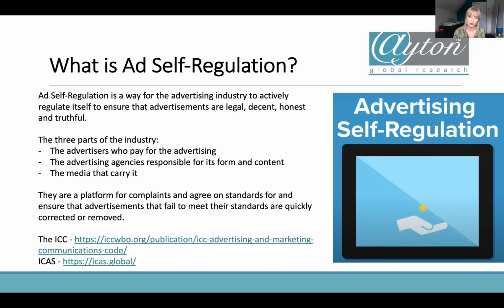I found them really helpful, especially during COVID, because they were putting out news updates which were applicable in every country that is part of that council, to do with things like COVID. So they're really helpful resources. It's also got all of their database of who's part of ICAS on there. So again, if you're not sure how to find out who's regulating adverts in a country you're advertising in, you can have a look on there and see if the country is listed.